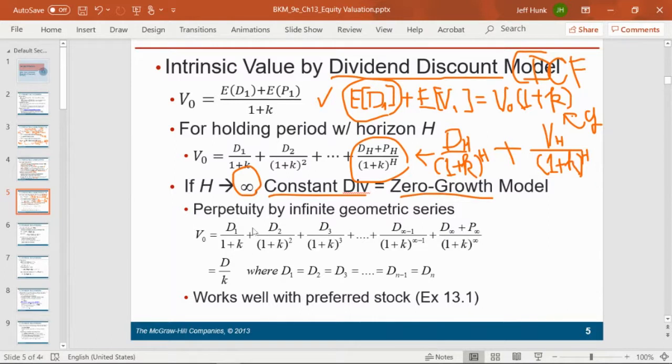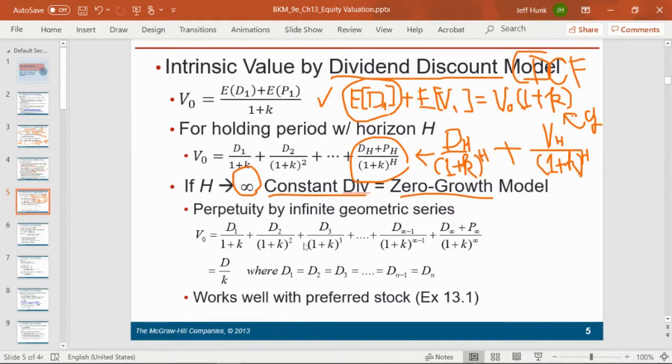Like an annuity, paying constant dividend, but it goes on forever. Because it goes on forever, it is only natural that the time horizon will go to infinity.